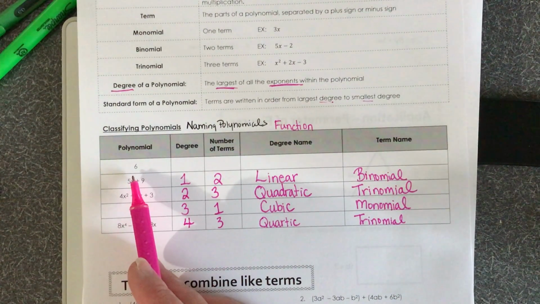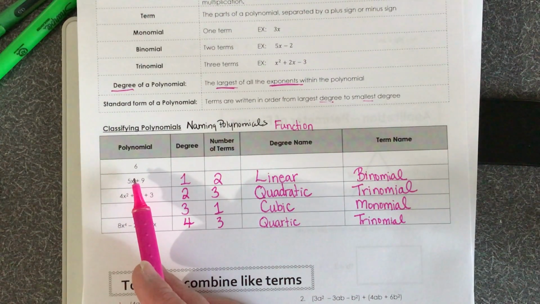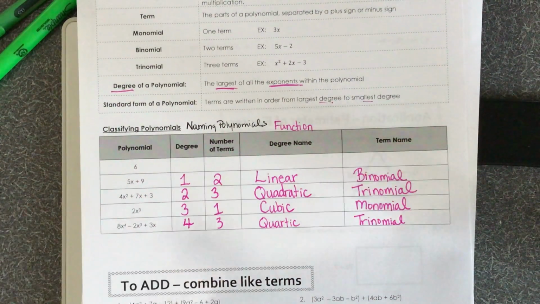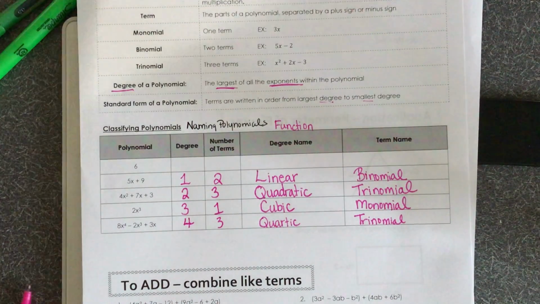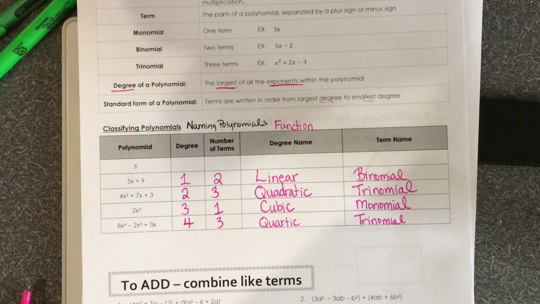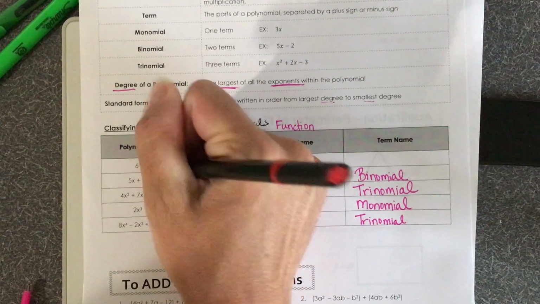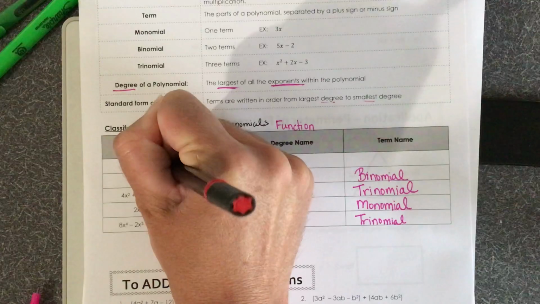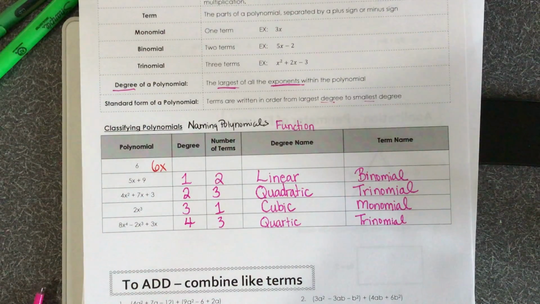So the one above, what happens with this one? Well, notice how I don't have a degree at all. The reason why I don't have a degree is because 6 doesn't have any variables. Now, if I wanted to attach a variable to it, well, now I've changed the value.